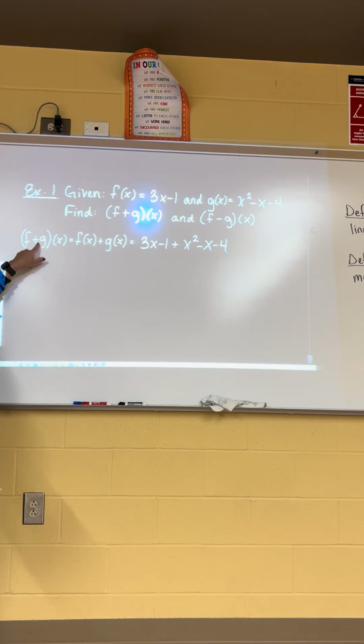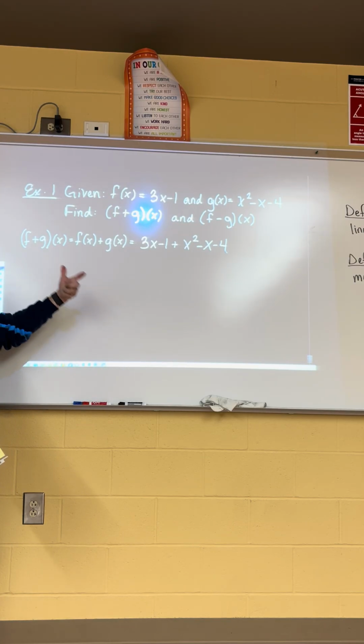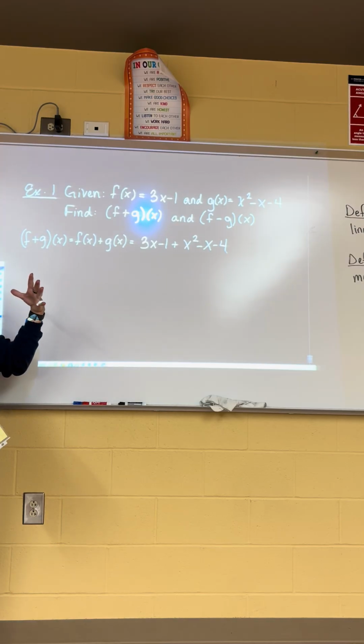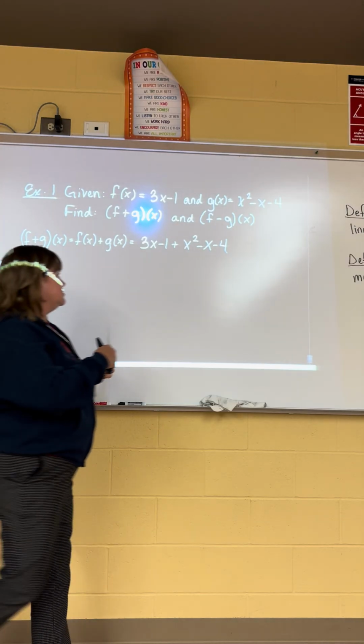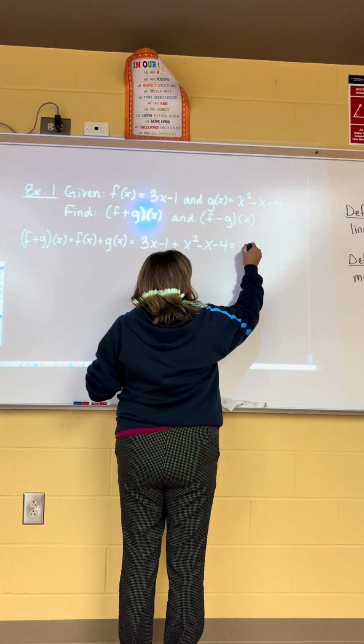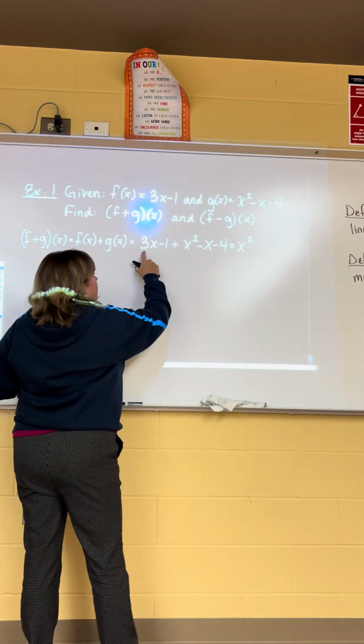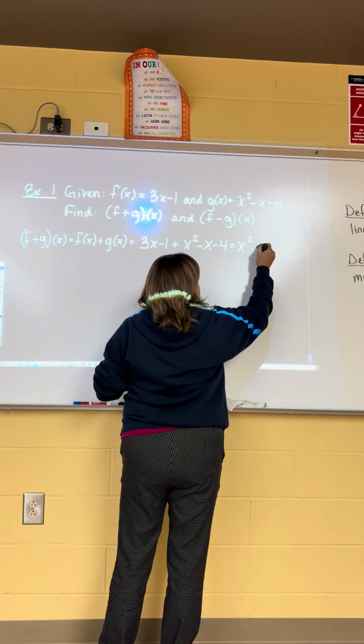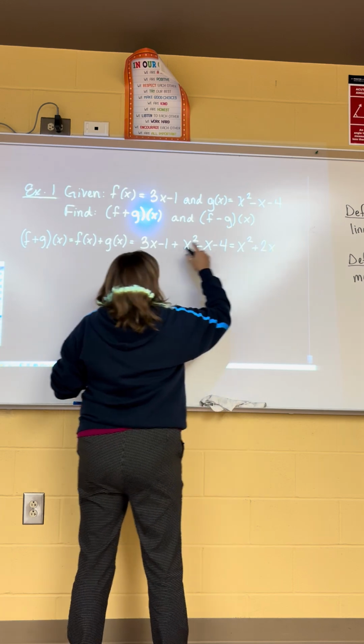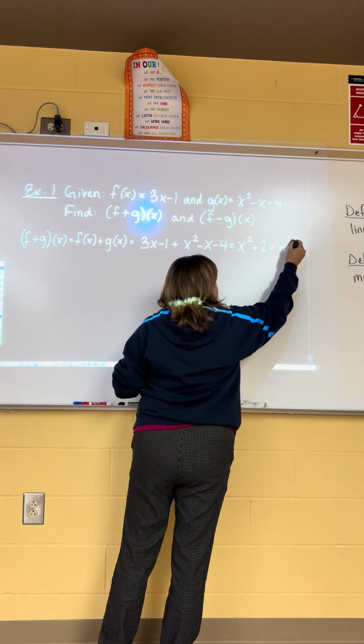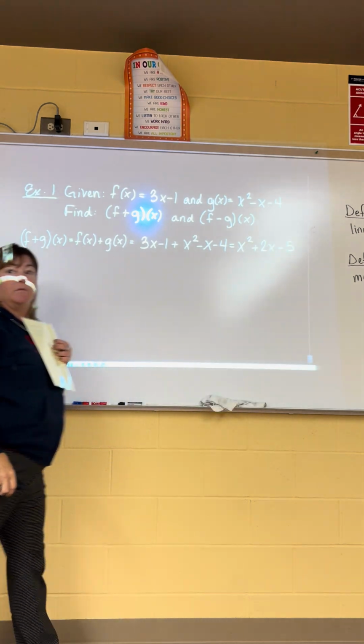Pay attention to the symbols, okay? So this says add, so you add. I know that sounds silly for me to say that, but when we get into composite functions where we put a function inside another, that's different. So we really want to pay attention to what the notation is. When we combine like terms, we get x squared plus 2x minus 5. Good?